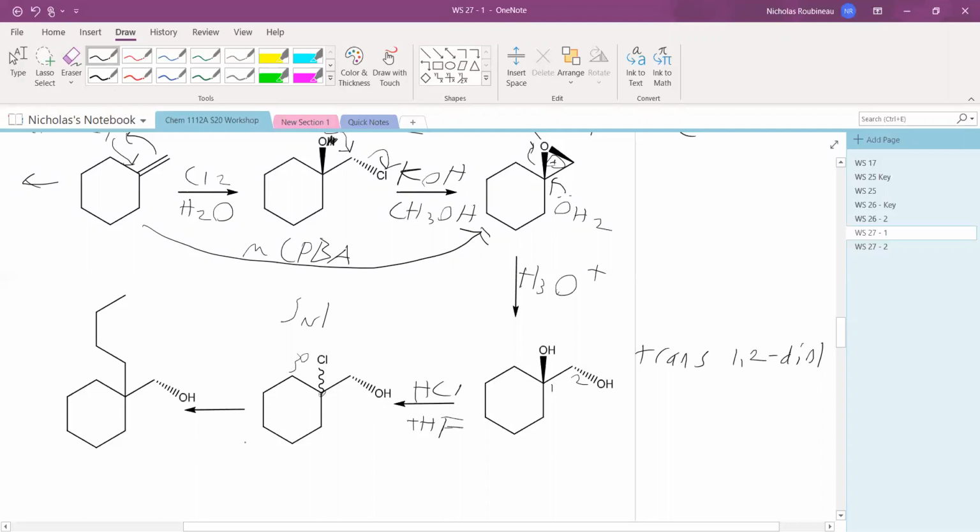Okay, so last step for this synthesis, we added some carbons here. What kind of reaction can we use for this? Could we use the Grignard reagent? Not Grignard, but Gilman. We haven't really looked at Grignard this semester.